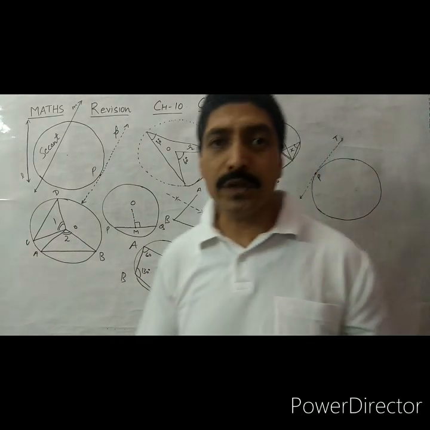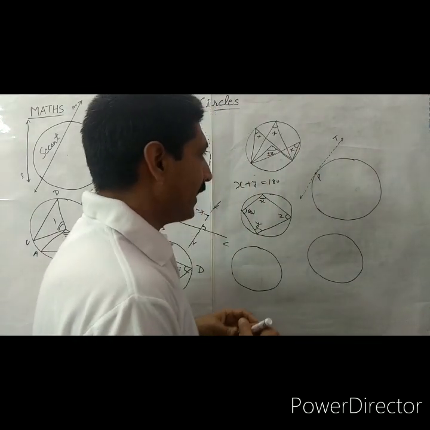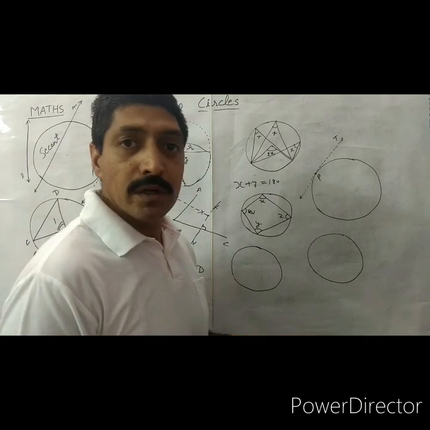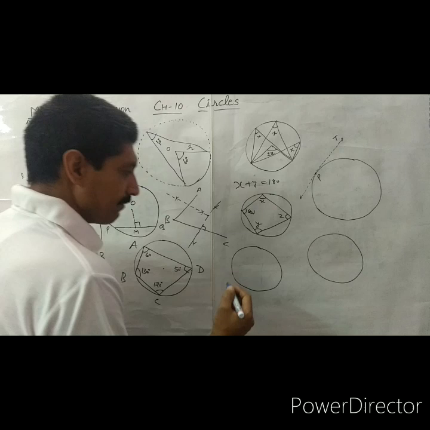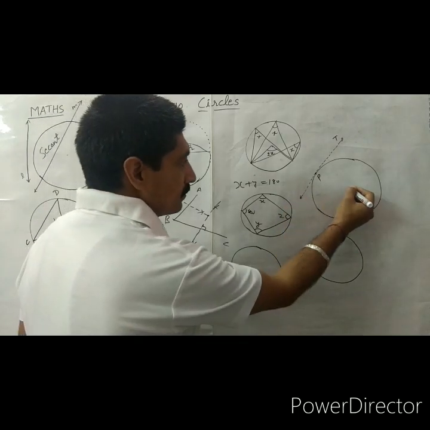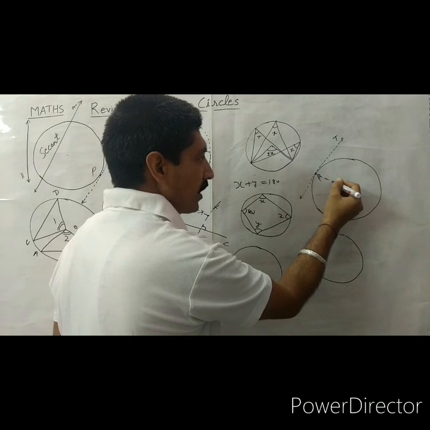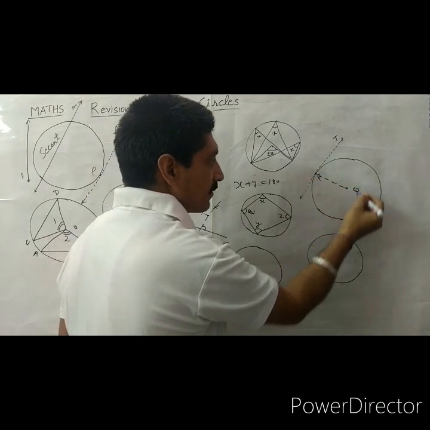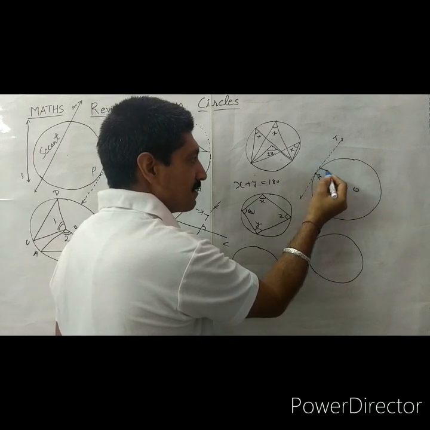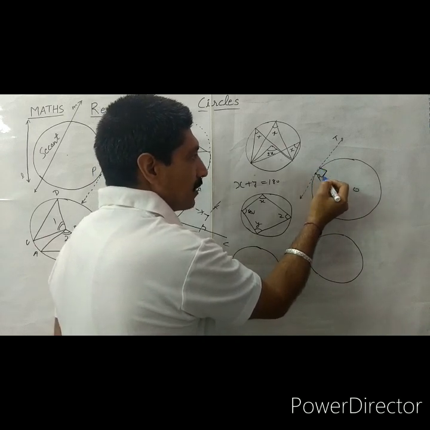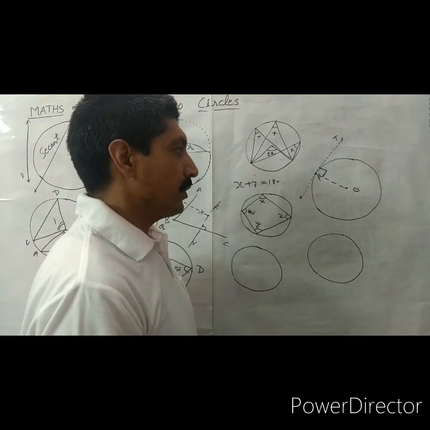So we have two important theorems, 10.1 and 10.2 in grade 10. 10.1 says that if from the point of contact we join to the center of a circle, then the tangent to a circle is always perpendicular to the radius through the point of contact.